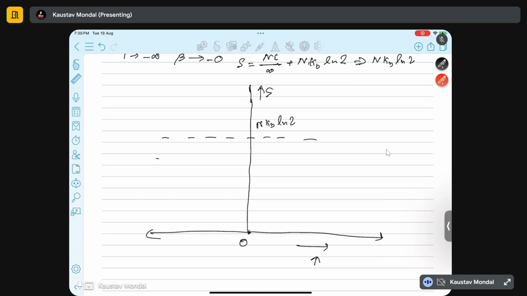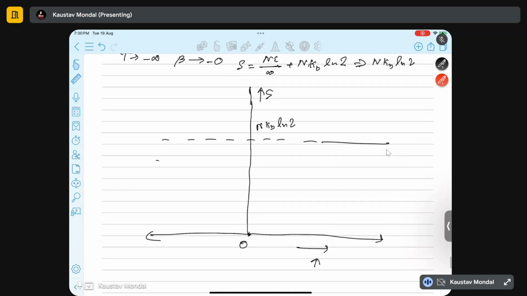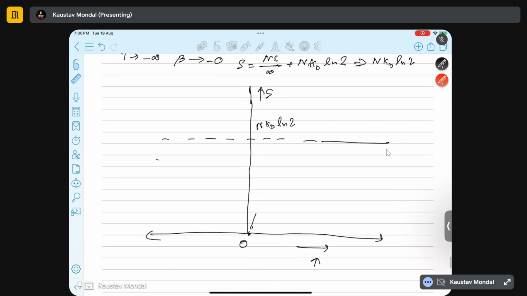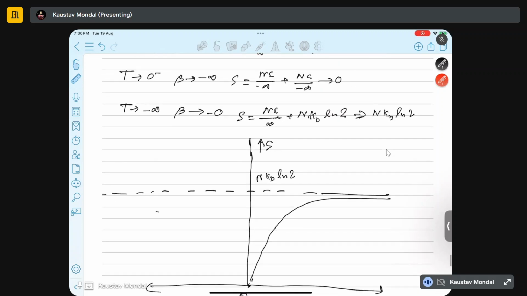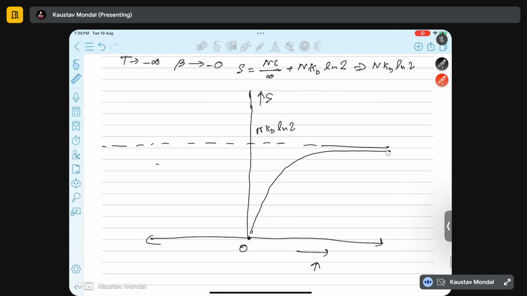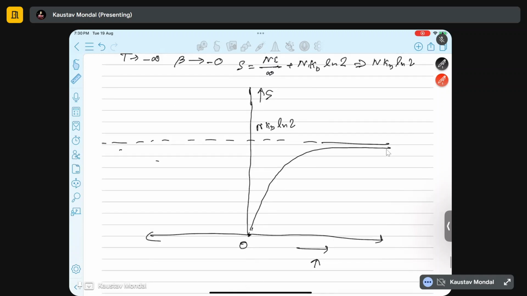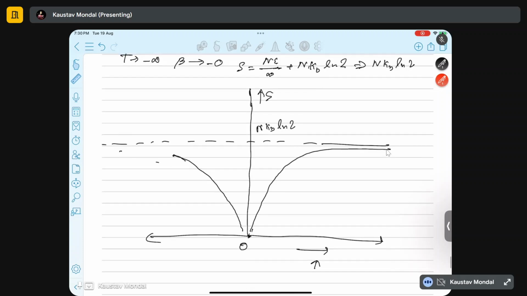So what happens when the temperature tends towards 0, the entropy also tends towards 0, and when the temperature tends towards infinity, the entropy also tends towards N kb ln 2. Similarly, in the negative case also, when T tends to 0, the entropy tends to 0. Similarly, when temperature tends to infinite, then the entropy also tends to N kb ln 2, like this.